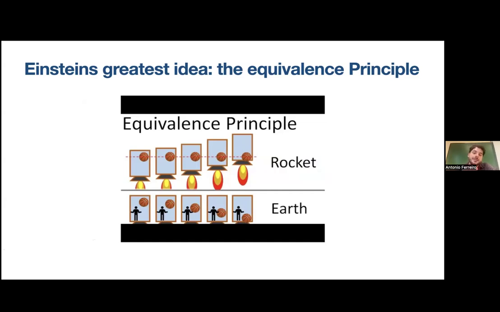Basically, at least locally, we can do an experiment, for example throwing a ball, and there are in principle two indistinguishable systems that physically have different descriptions. Apparently, in the first one, there is an accelerating system that is pushing the rocket upwards, and in the second one we have gravity.